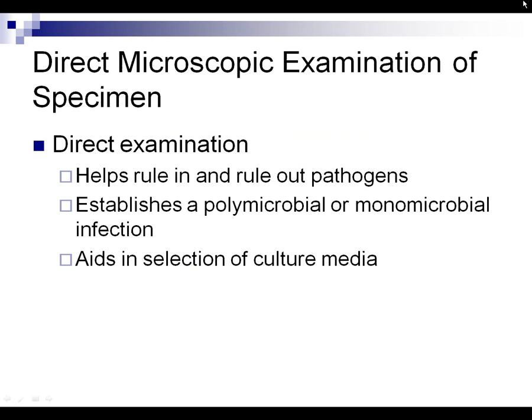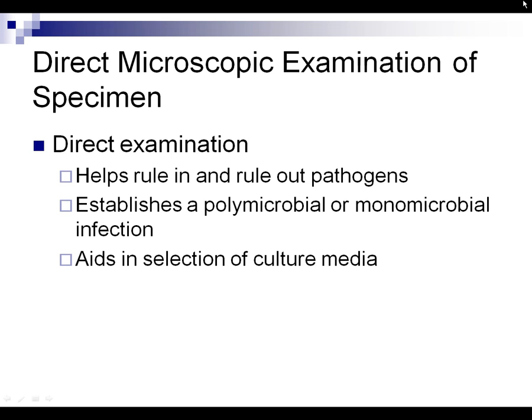On your direct microscopic exam, this is your gram stain. Your direct gram stain from your sample can help to rule in and rule out pathogens. It can determine if there is a polymicrobial infection or a monomicrobial infection.